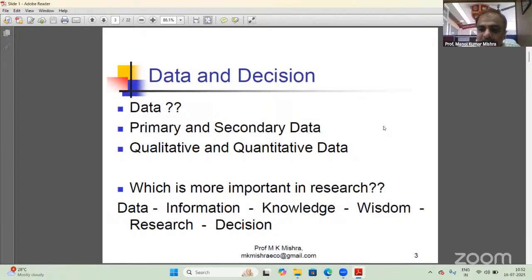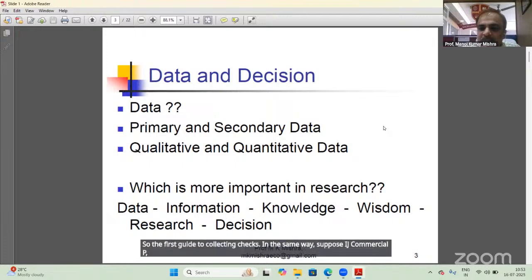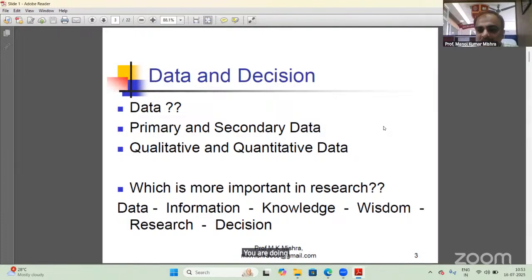In the same way, suppose as a commerce faculty, you are becoming a business analyst. You are doing the sales forecasting, the investment forecasting, the profit planning, the cost forecasting, the price forecasting.